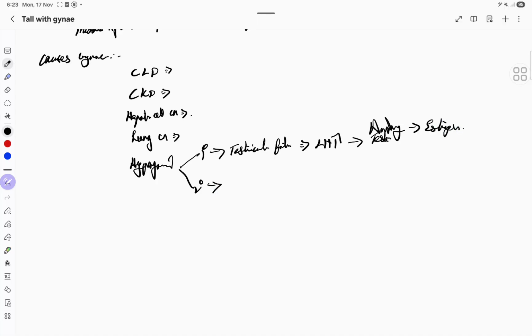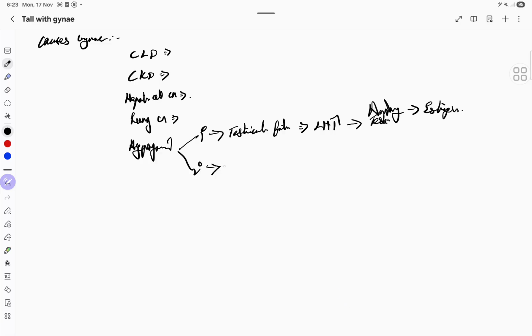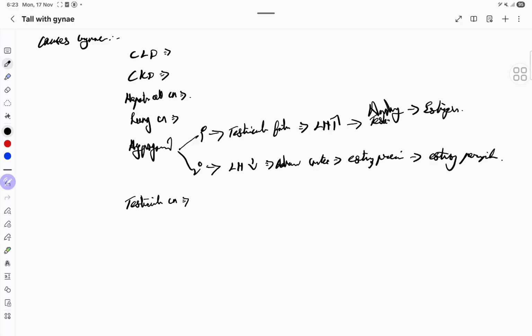In secondary hypogonadism, even though LH is decreased or absent, the adrenal cortex will continue to produce estrogen precursors, which will get converted into estrogen in peripheral tissue. So there will be gynecomastia. Or any testicular cancer that produces estrogen will cause gynecomastia.